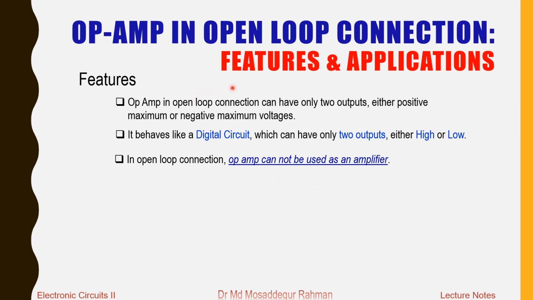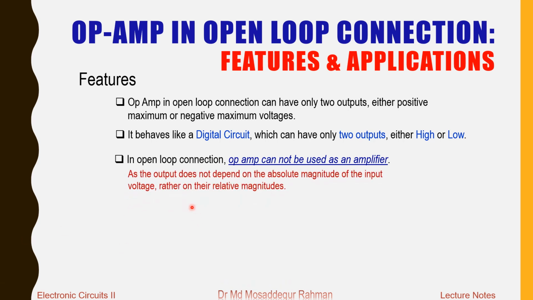But in open loop connection, you don't have that characteristic. You have just two outputs, either high or low, that's fixed, and it does not change when you change the input. It changes, but if it changes, then it will change to either high or low. It does not depend on the absolute magnitude of the input voltages, but rather on their relative magnitude.